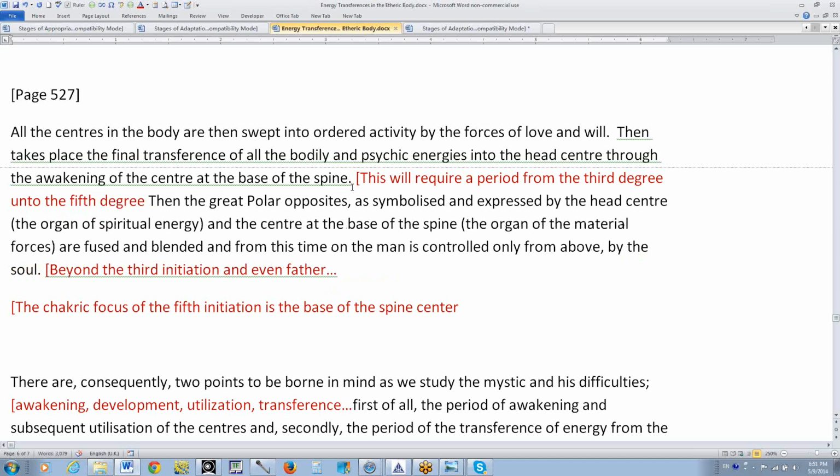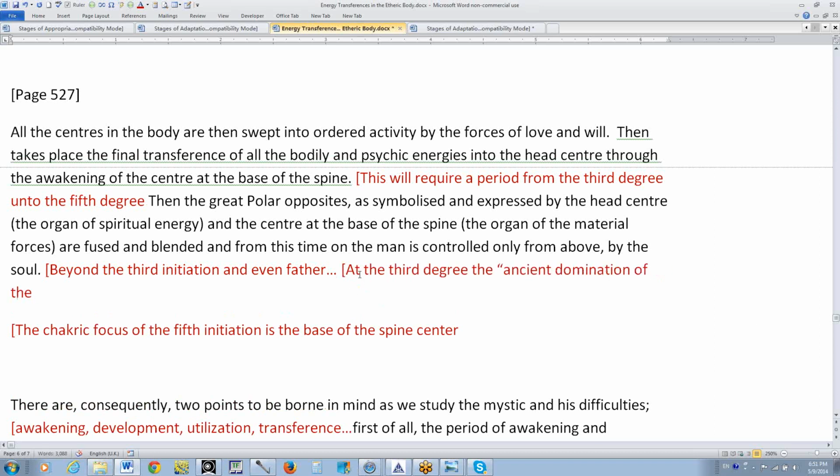Then the great polar opposites, as symbolized and expressed by the head center and the organ at the base of the spine, are fused and blended, and from this time man is controlled from above by the soul. So even at the third degree, what's called the ancient domination of the personality ends.